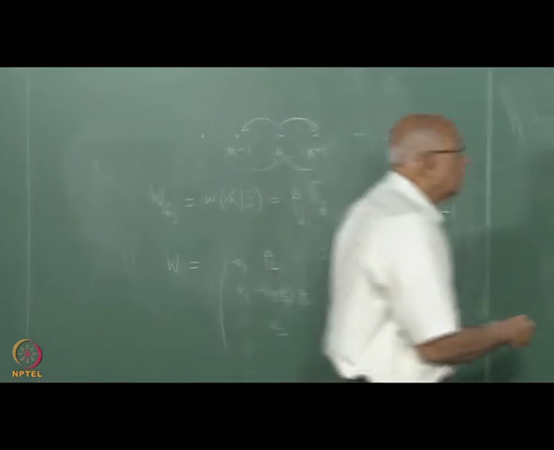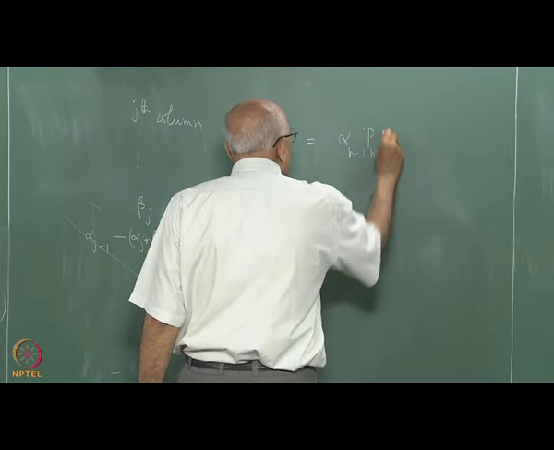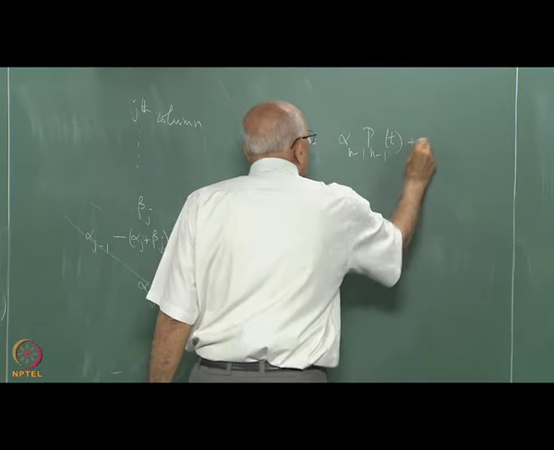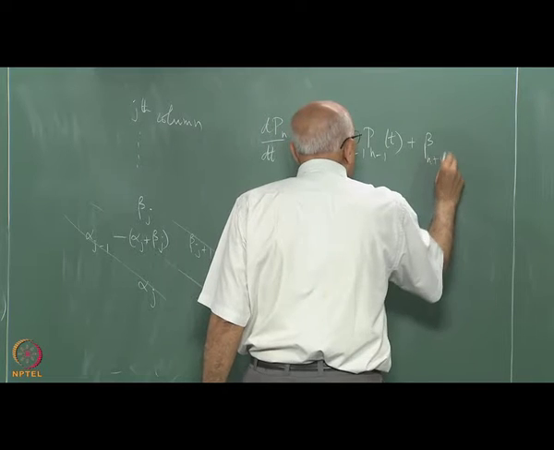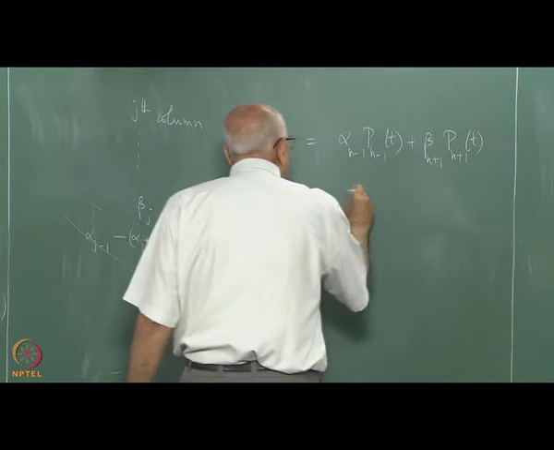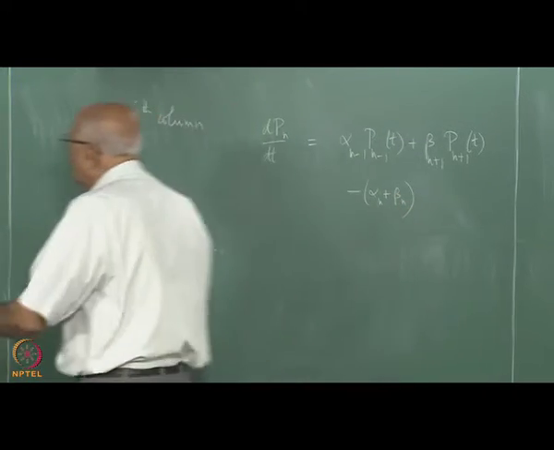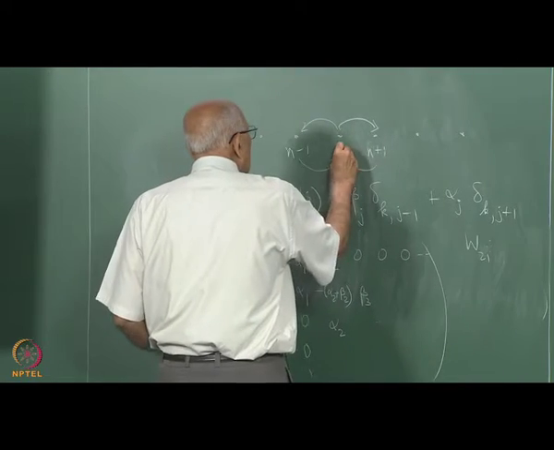So it is clearly alpha n minus 1 p n minus 1 of t plus beta n plus 1 p n plus 1 of t minus alpha n plus beta n. Those would be these two processes which go out.